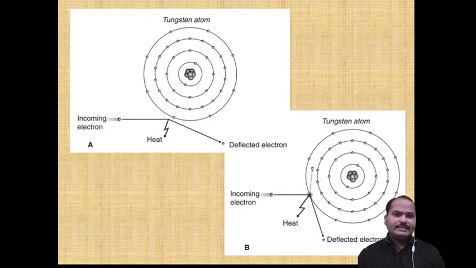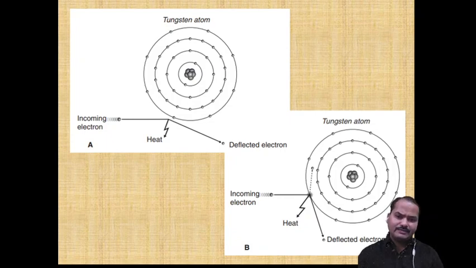Now, these tungsten atoms which are present in the target metal, this is the diagrammatic representation of how heat is produced. Either it is produced by the deflection of the electron, when the incoming electron meets the outer shell electron of the tungsten atom, it gets deflected, producing heat by losing some of its energy.